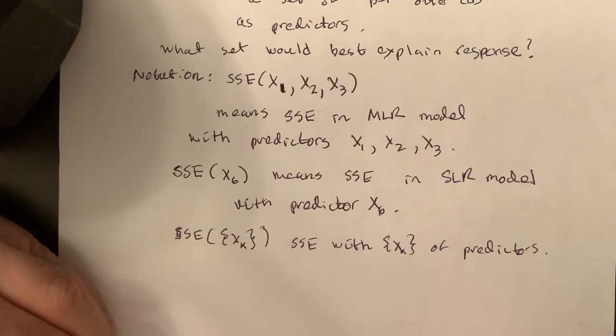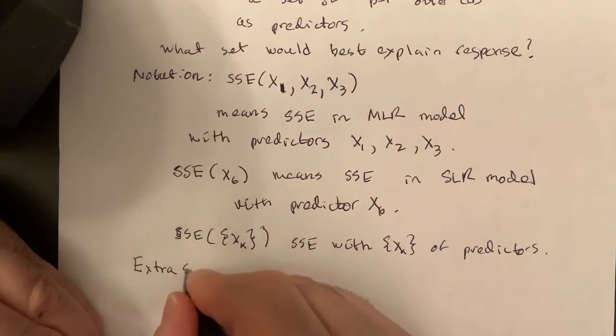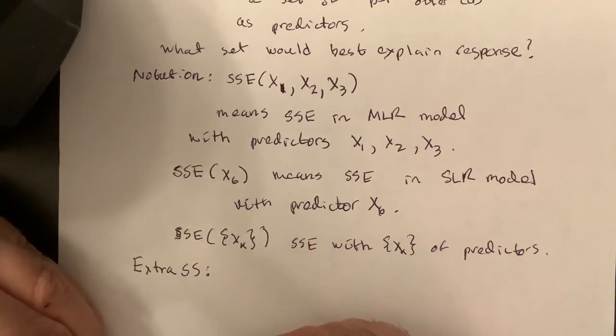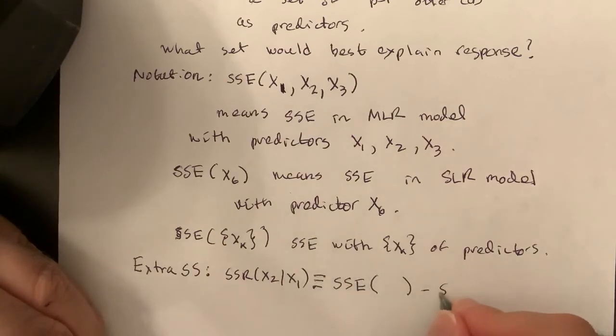Okay, so from here, we have something called extra sum of squares. And this is the idea of a marginal sum of squares. So a simple case would be, say, SSR x2 given x1, and this is defined to be SSE minus SSE.